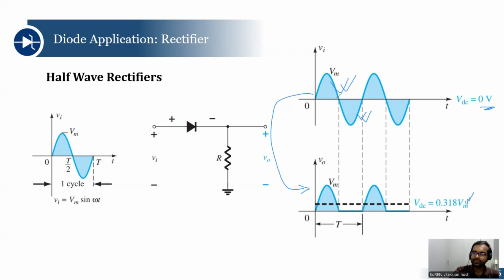We're getting only 50% of the signal. Now, what if we want 100% of the signal? That means we want the positive half too and the negative half too, but we don't want this half to be in the negative portion, right? So what can we do then?